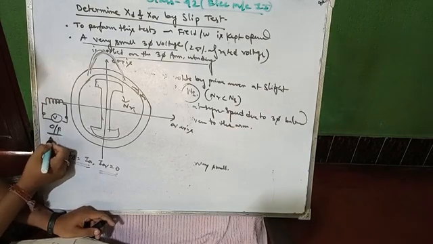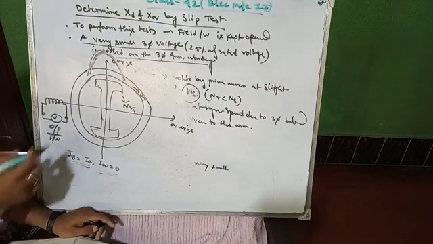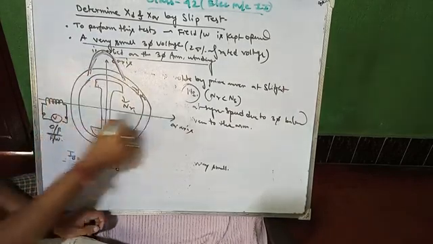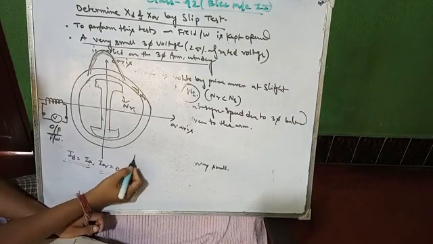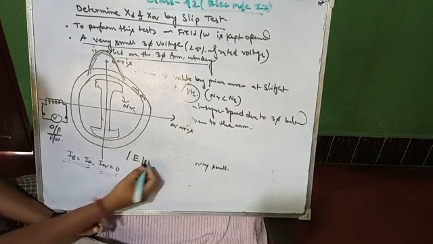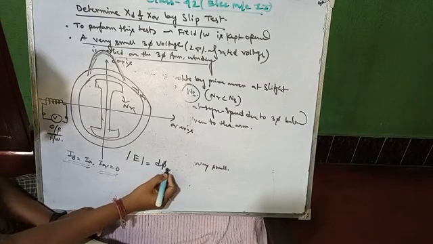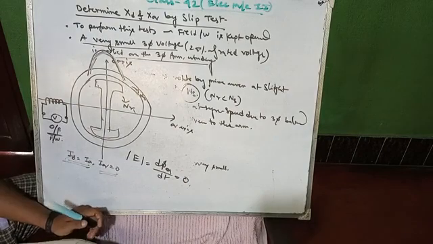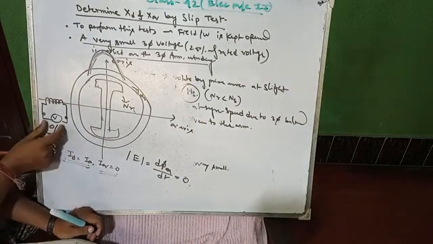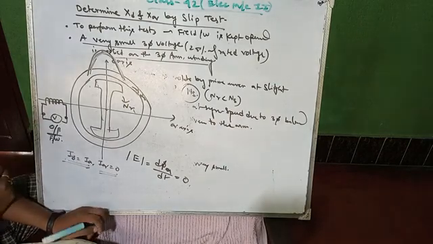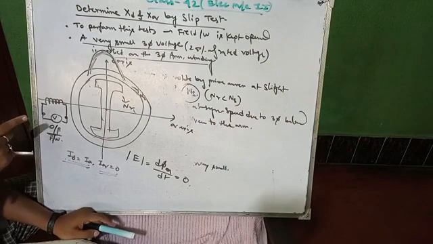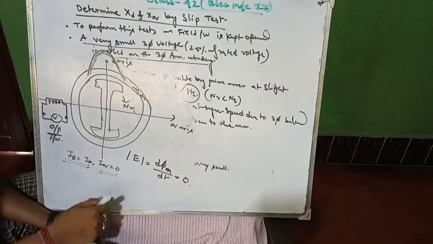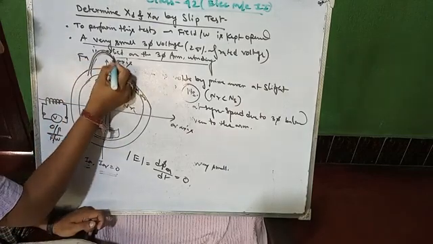When the armature MMF is along the d axis, no EMF is induced in this winding, that is d phi a by dt equals 0. So whenever the voltmeter reads 0, at that moment Fa is tracing the d axis.